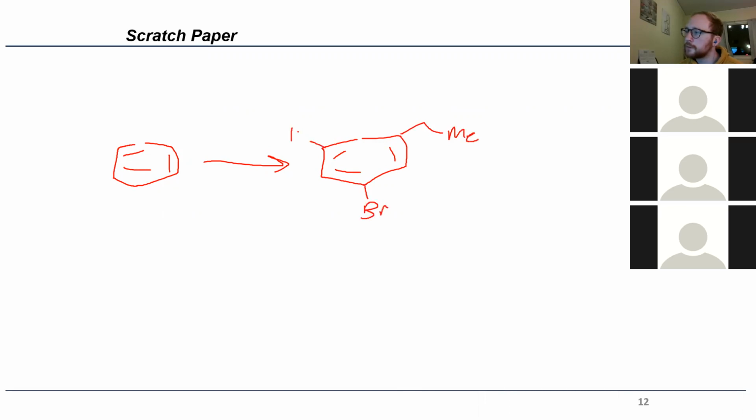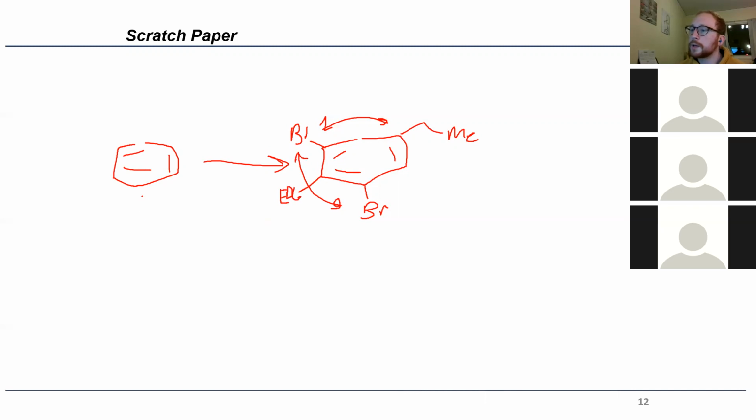So when I look at this problem, I see I have a triply mismatched relationship here. All three of these groups are meta to each other. And that's not the relationship that any of them want to have. And so what I imagine would have taken place is that you would have had an electron donating group here that we're going to get rid of later.